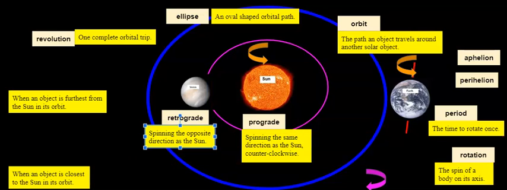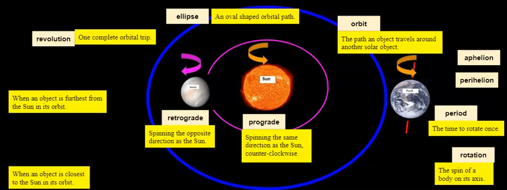So it actually spins clockwise. So if you've ever looked at an analog clock, it's moving in the same direction. Okay? The other solar body in our solar system that does this is Uranus. So all other planets besides Venus and Uranus rotate in a prograde fashion. Right? So they spin counterclockwise.